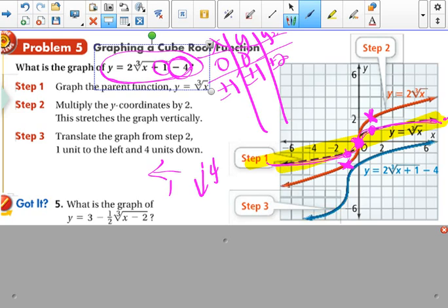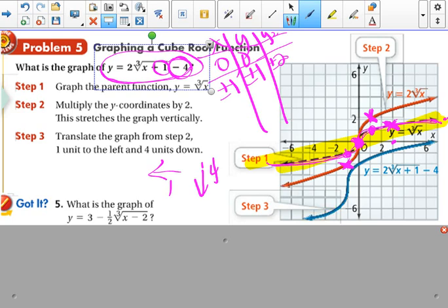Now let's look at the 3. We've got 3, 1.5 right here. Over 3, up 1.5, on this point right there. That's 3, 1.5.